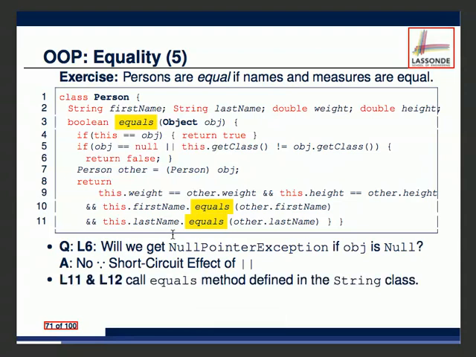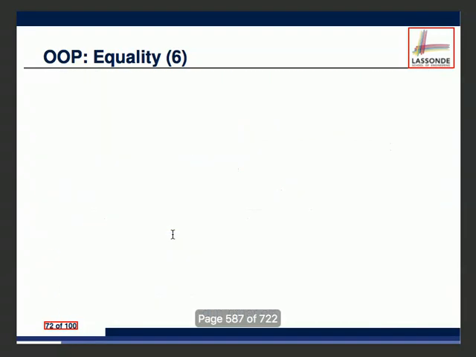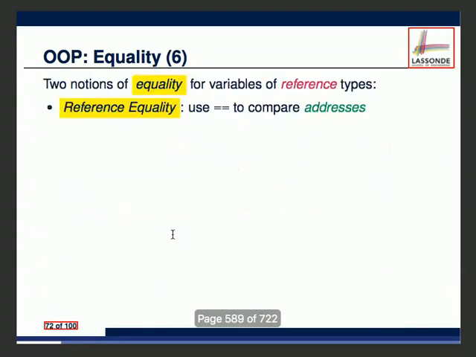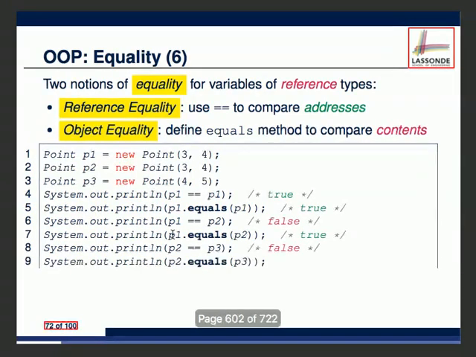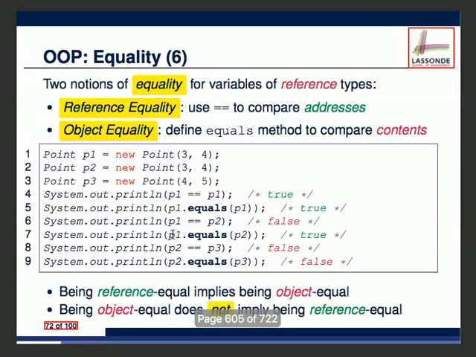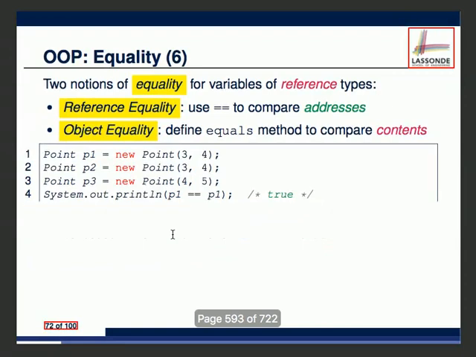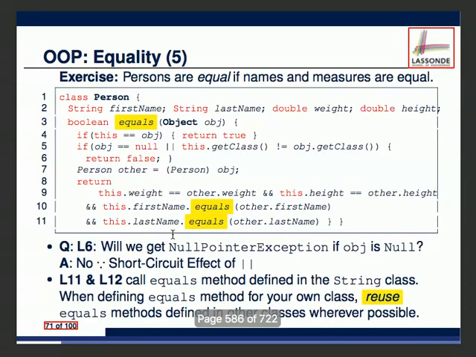Well, let's say, I think it's here. I'll go to this slide in just a moment. Okay, short circuit effects. Okay, I think I'll just ask you this. Let's say over here, you can see this line number 5.